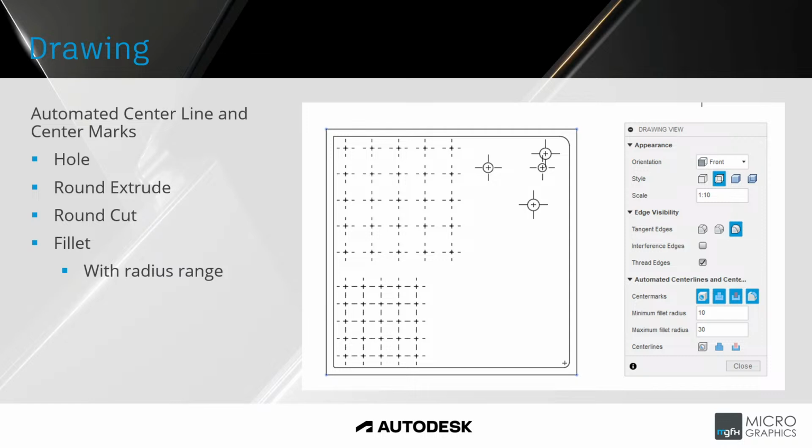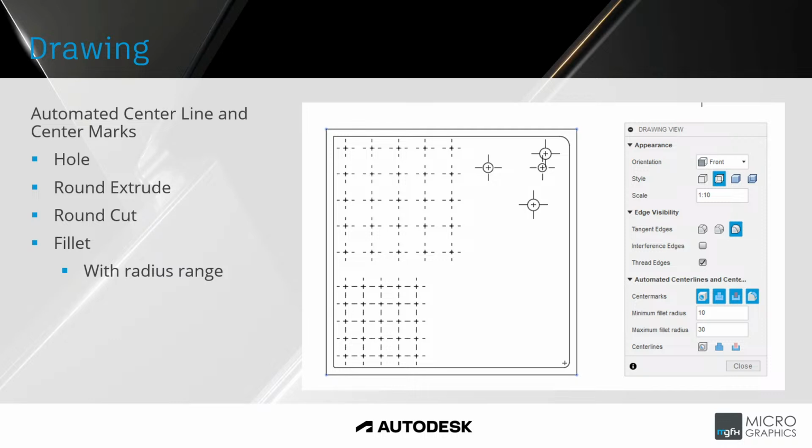Holes will apply center marks to hole features. Round extrudes: any extruded faces that are circular, it will find those center marks. Round cuts as well, whether you're adding with extrude or cut or removing material, it will find those circular faces, as well as a fillet option.